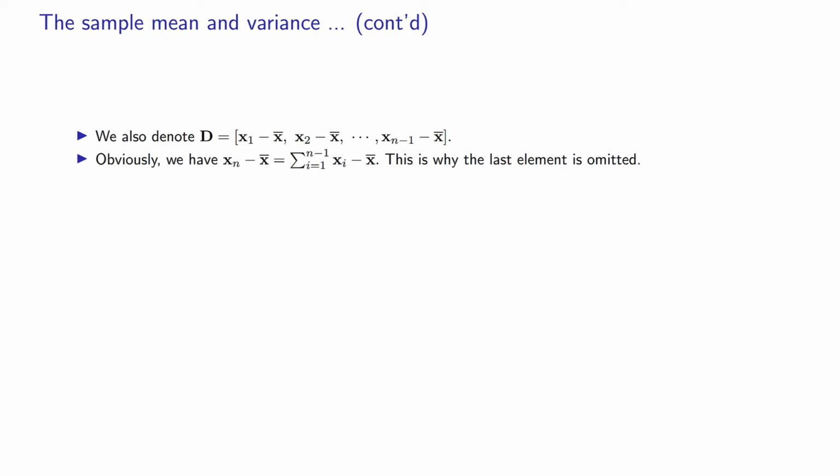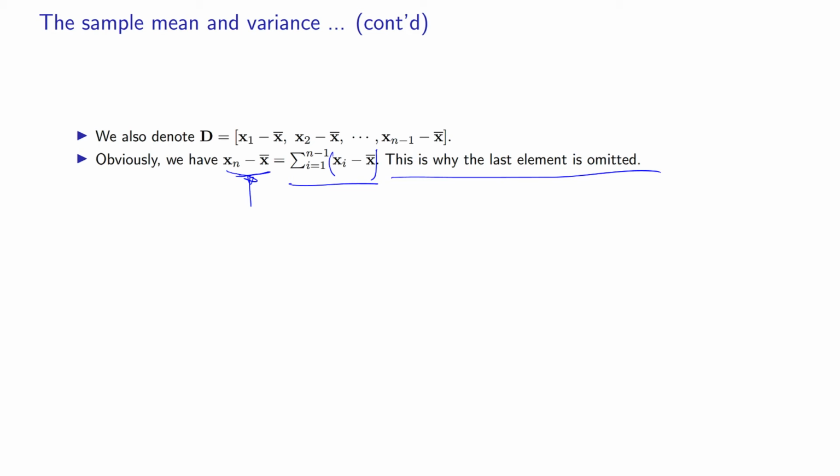Obviously, if you consider the term that I have eliminated, and if I add all the previous deviations together, this will give you the deviation of the last one. So the last one is linearly dependent on the previous deviations, and this is why we omitted it.